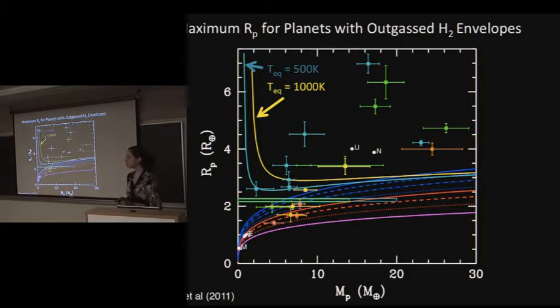How do you decide how much hydrogen you can cram into the rock before it's outgassing?